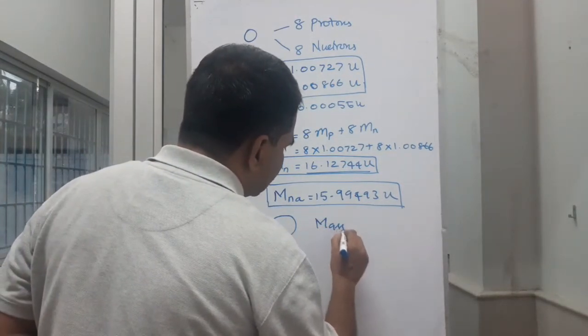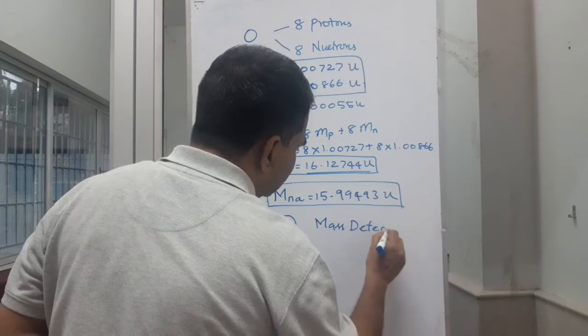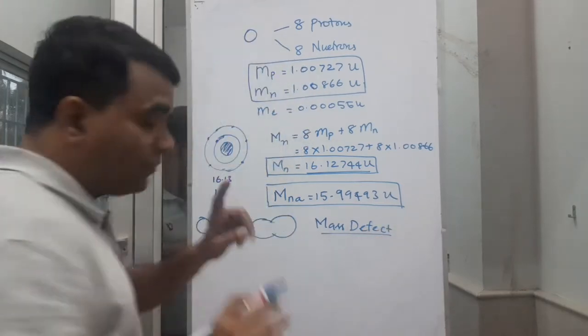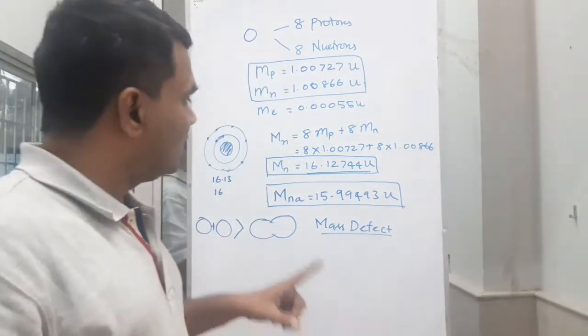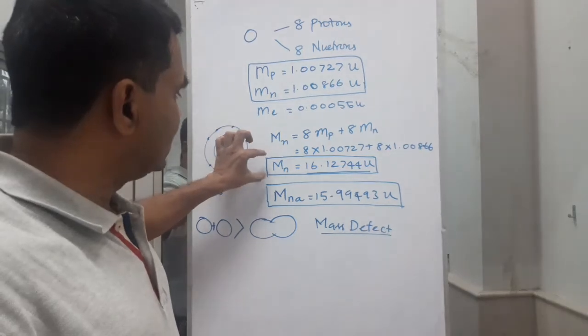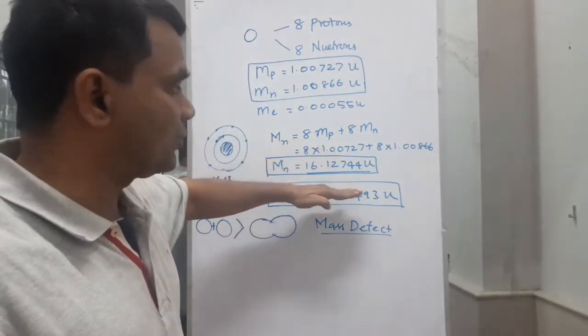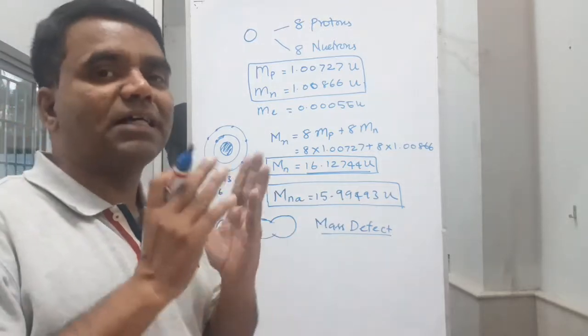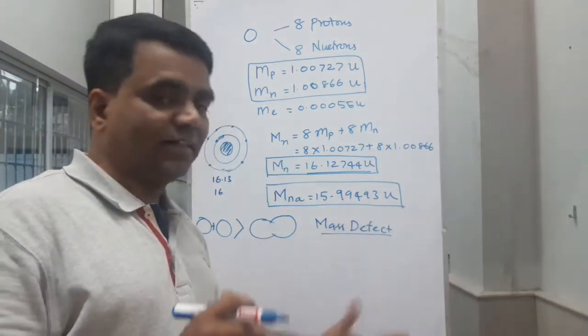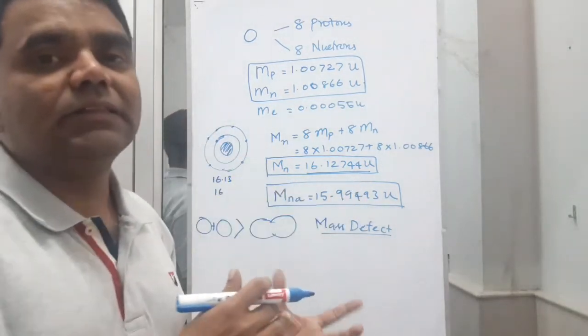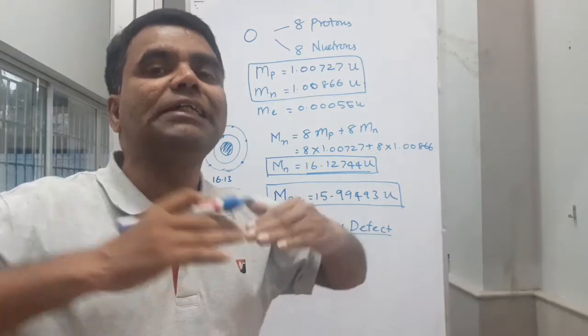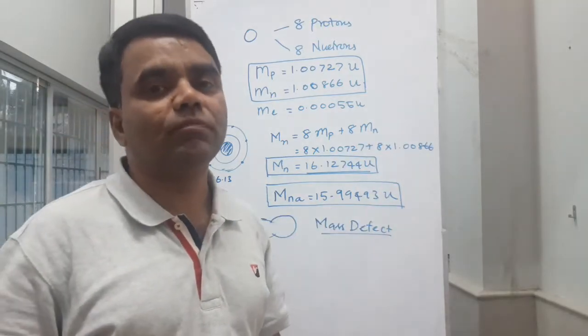So the mass defect is the difference in this mass and this mass, what you are supposed to have and what you actually have in the nucleus. That's the mass defect. And the mass defect is what is getting released as energy.